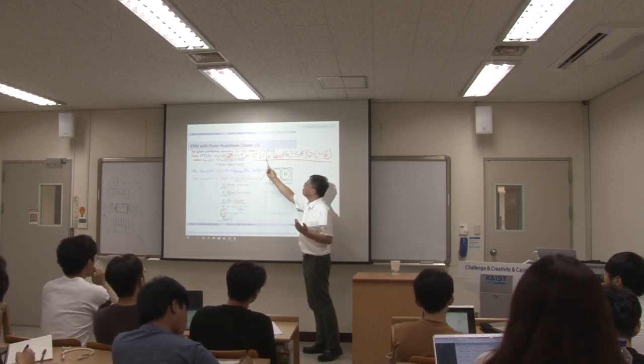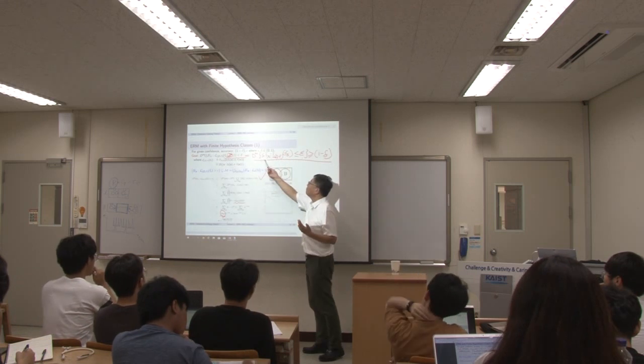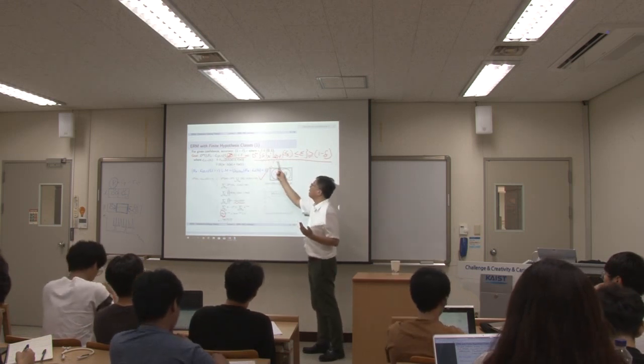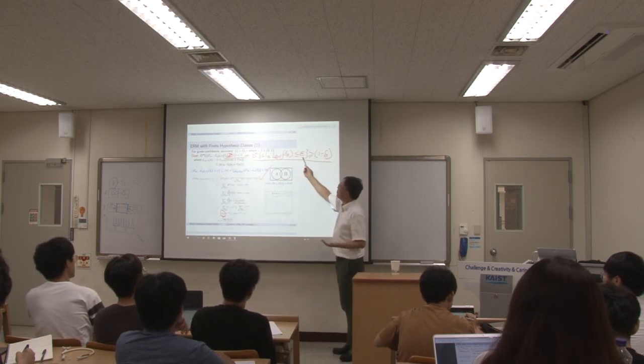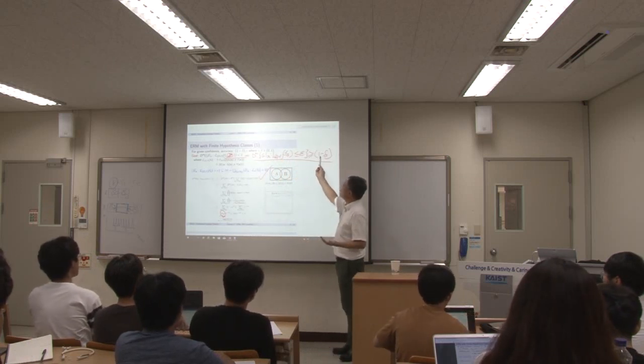This is the probability over the samples such that this condition happens, and I want that probability to be 1 minus delta.